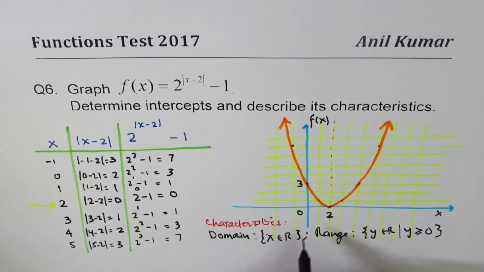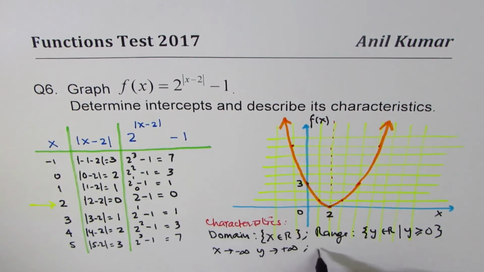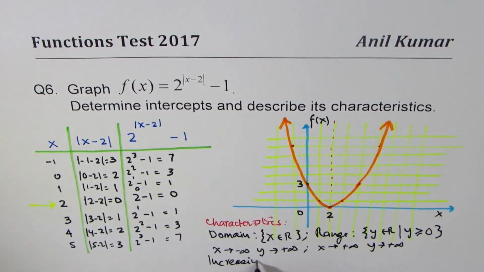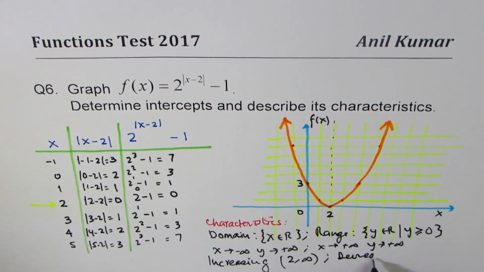As x approaches negative infinity, y approaches positive infinity, and as x approaches positive infinity, y approaches positive infinity. Increasing interval, in interval notation, is from 2 to infinity, and decreasing is from minus infinity to 2, right?